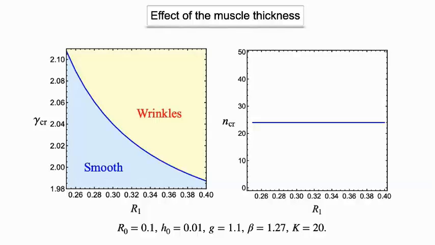This is not surprising because the structure undergoes a surface instability, so it cannot see the difference of the thickness of the substrate. It is equivalent to the infinite substrate, so it has no influence. But we found that with increasing R1, it will make an early instability because the gamma critical is lower.